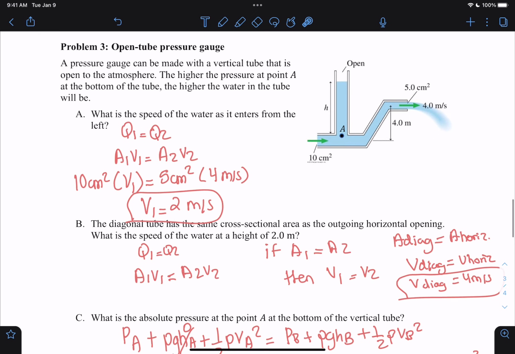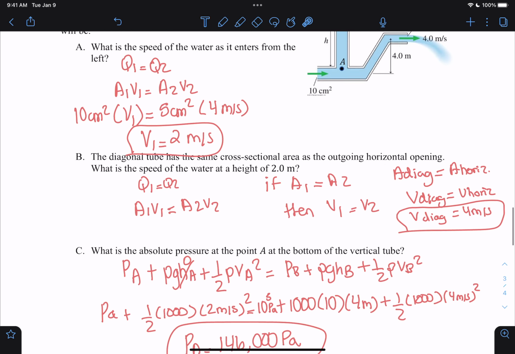If I doubled the speed on the right-hand side and my areas are the same, what should I change on the left-hand side? You double it as well.